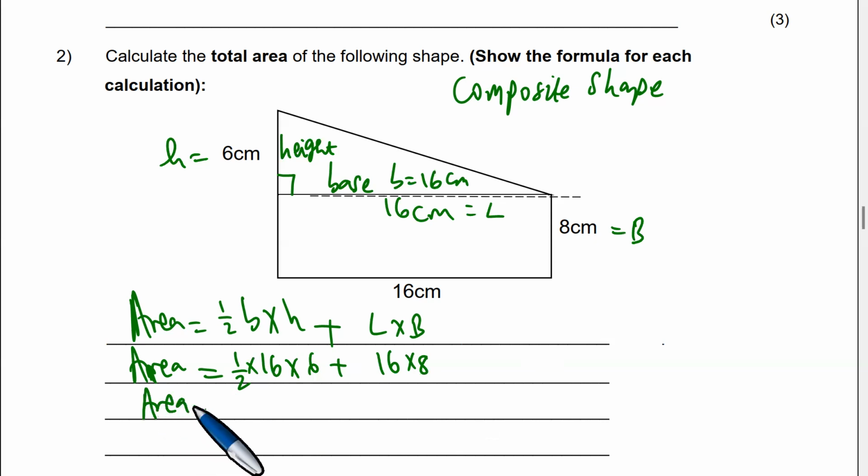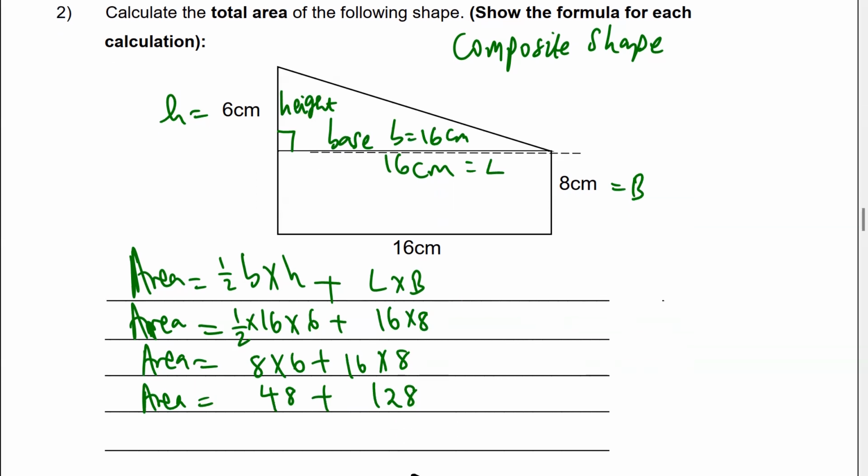So the area. Half of 16 is what? It's 8. Half of 16 is 8, by 6, plus 16 by 8. What is 8 by 6? 48. 48 plus 16 by 8 is 128.